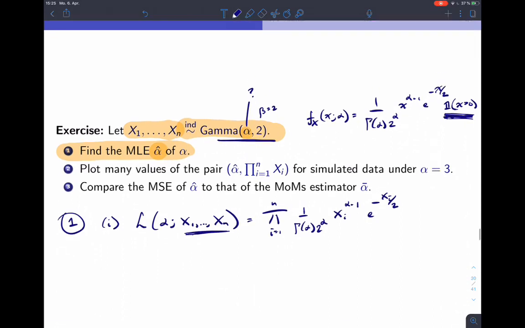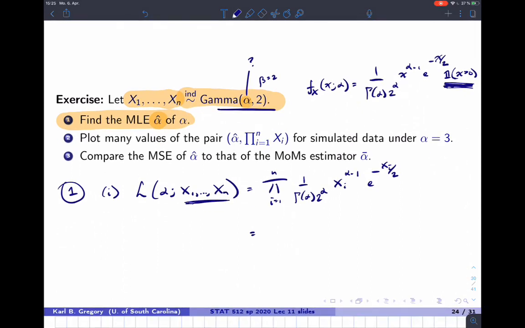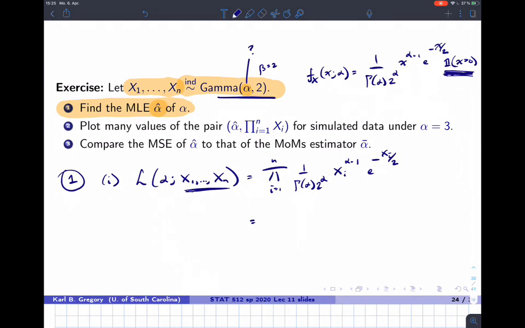So we're going to ignore it. Let's simplify this a little bit before we go to the log likelihood, which will be the next step. If I let this product operate on here, I'm going to get 1 over the gamma function of alpha.